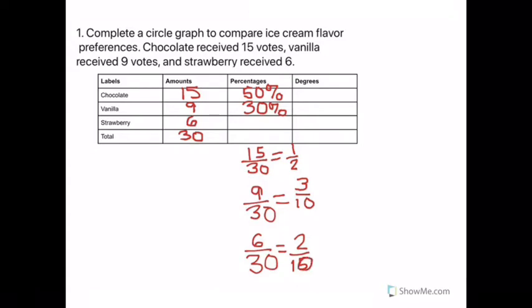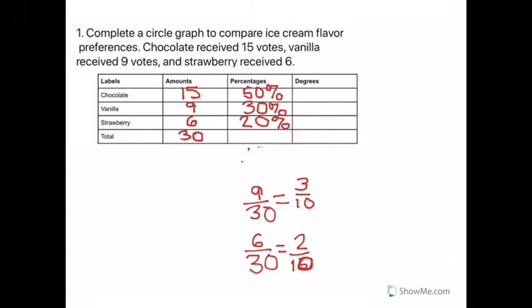That's 2/10. 6 divided by 3 is 2. 30 divided by 3 is 10. My apologies. So there we go. That's much better. 2/10. That is the same thing as 20%. You can do 2 divided by 10 in the calculator if you're not sure, but that is pretty easy. 2 over 10 simply means 20%.